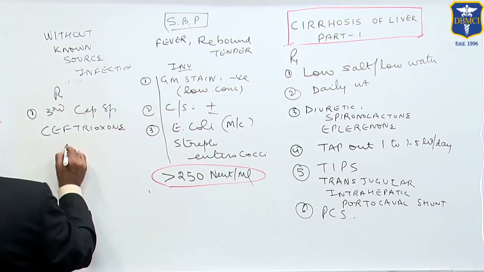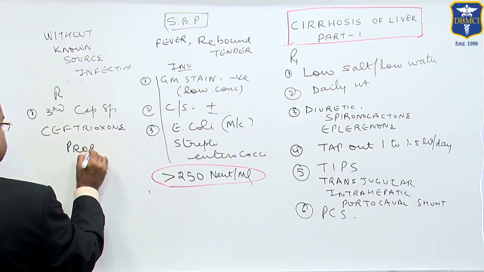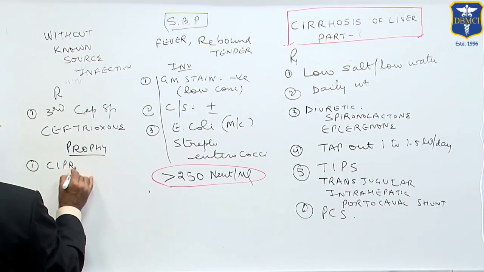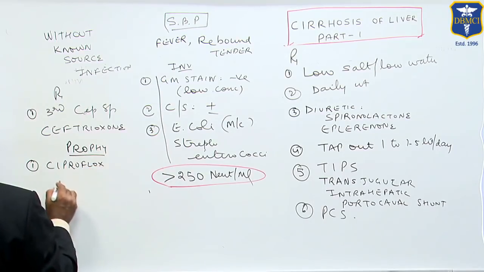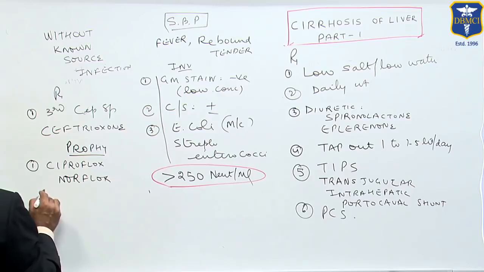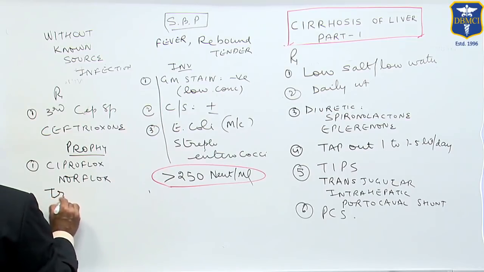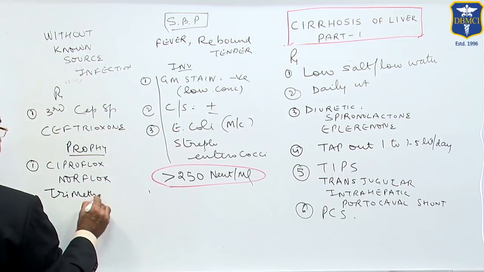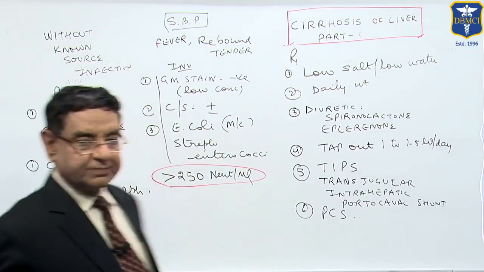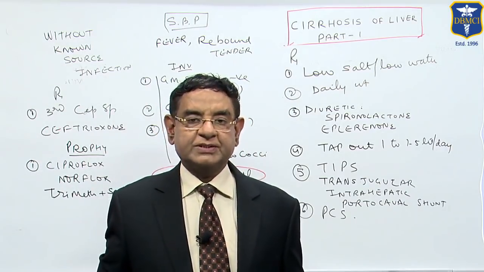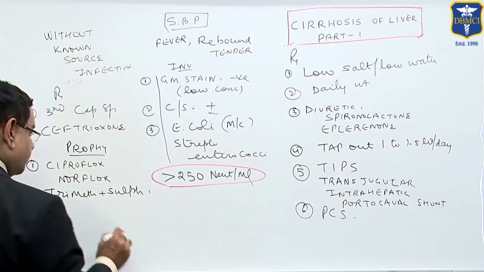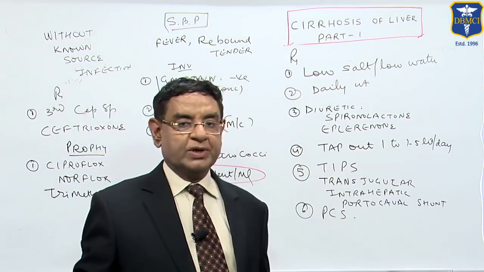What drugs do we use for prophylaxis? We can use ciprofloxacin, norfloxacin, or trimethoprim-sulfamethoxazole combination, so called Septron. These are the few drugs that we use for prophylaxis, but it is to be given lifelong because recurrence is very common and mortality is very, very high.